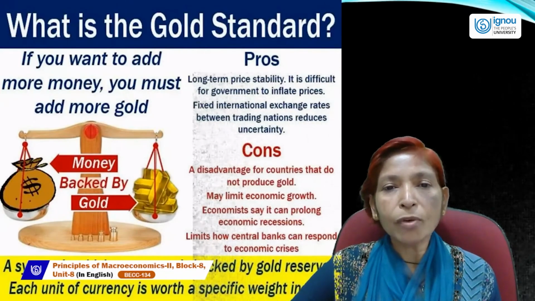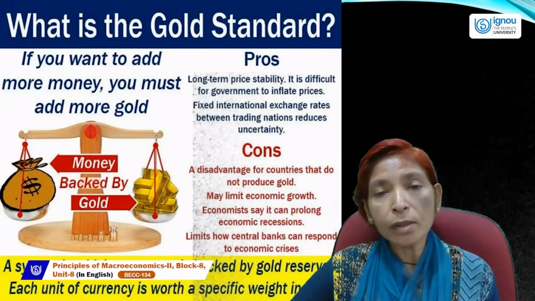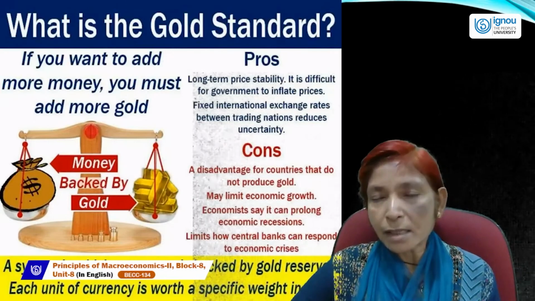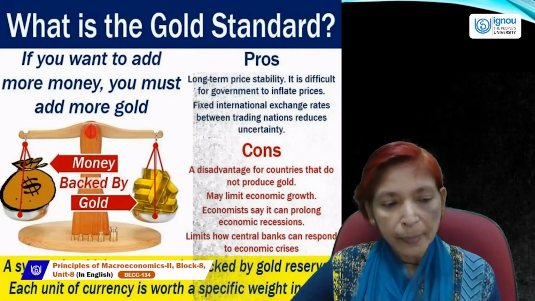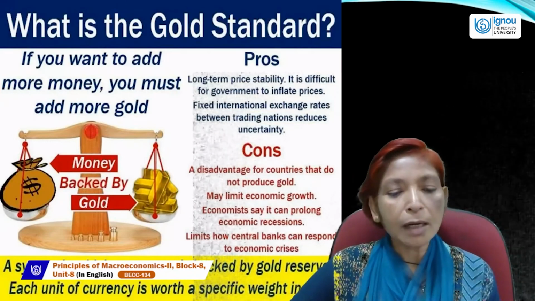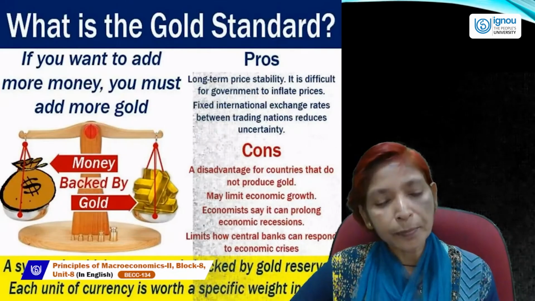Under the gold standard system, how the central bank can manage the economic crisis period, it does not explain. So the gold standard is a system in which a currency is backed by gold reserves.